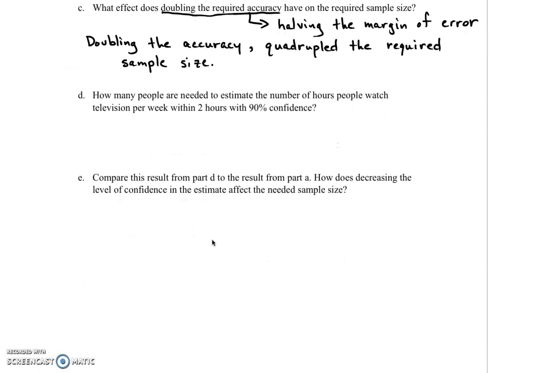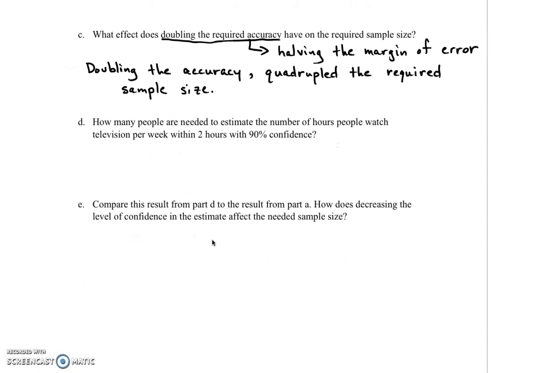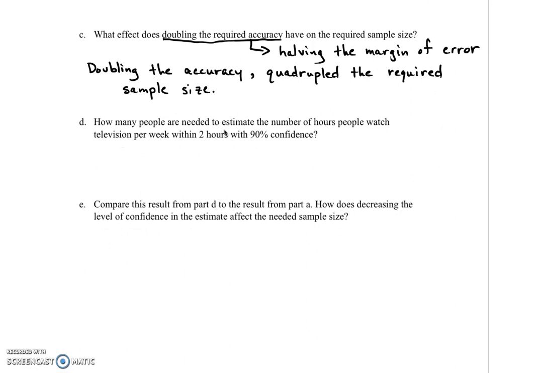All right, how many people are needed to estimate the number of hours people watch television per week within 2 hours with 90% confidence? So here, our z alpha over 2 is different because we only have a 90% confidence this time. So it is 1.644853626.